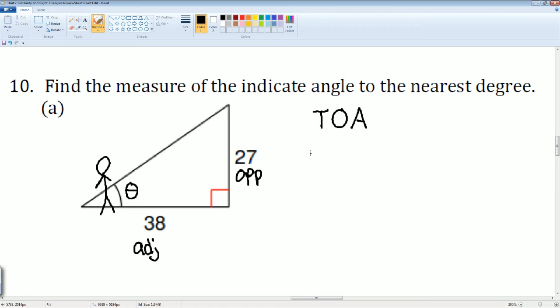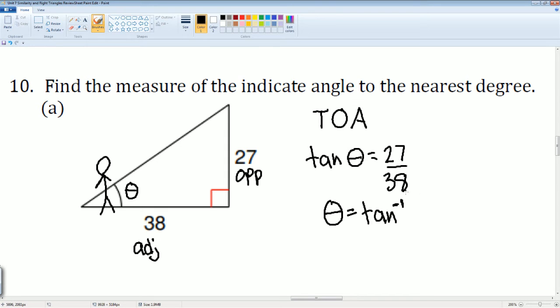So we write tan of the angle, theta, is equal to opposite, 27, over adjacent, which is 38. We want theta, so we apply the inverse. So it becomes tan inverse, parentheses, 27 divided by 38. Now we can plug this into the calculator.